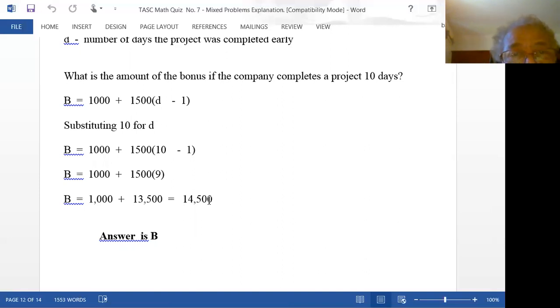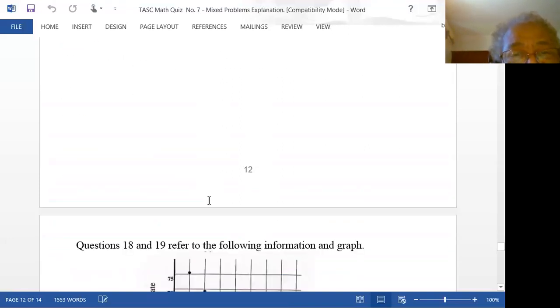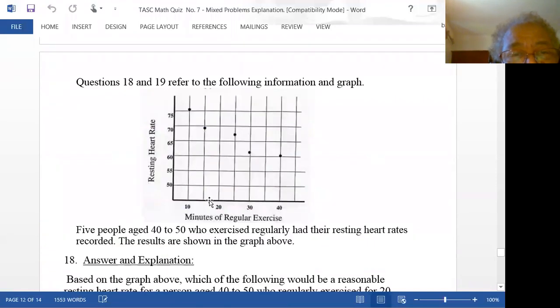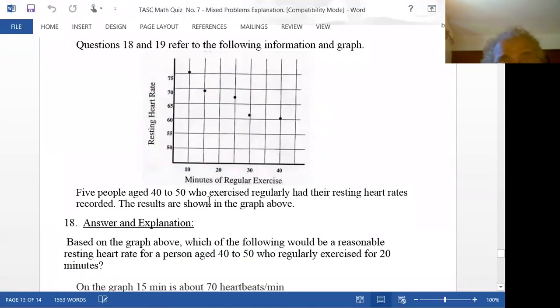Okay, now 18 and 19 refer to this graph. This graph represents minutes of regular exercise, which is on the x-axis, and the y is resting heart rate, okay? But notice you can see the trend here.